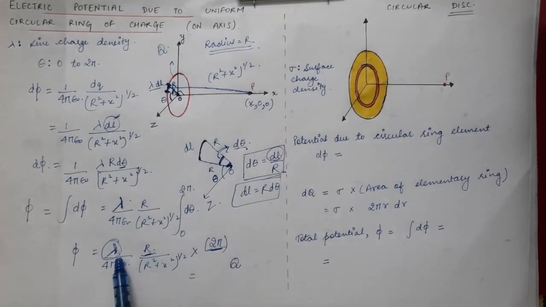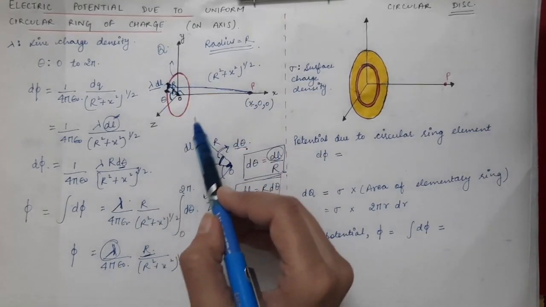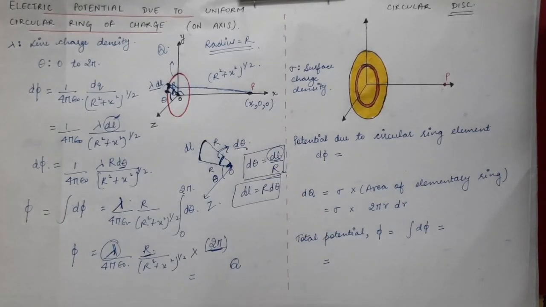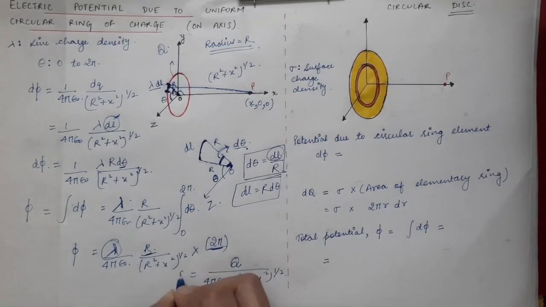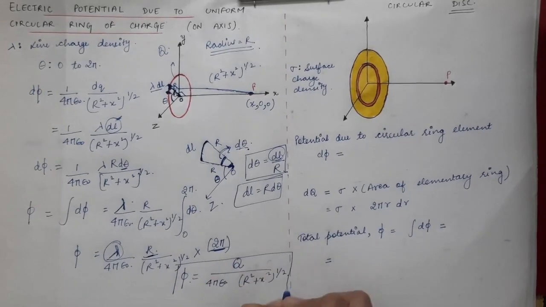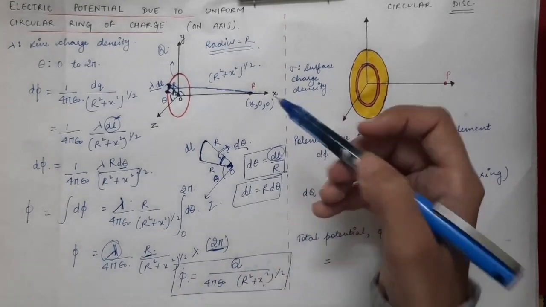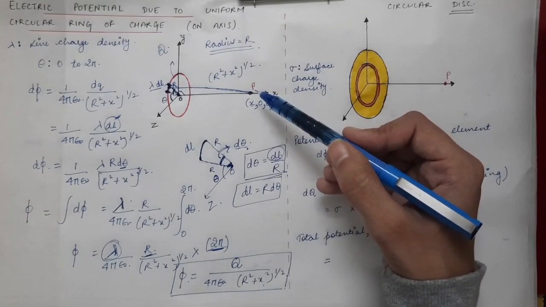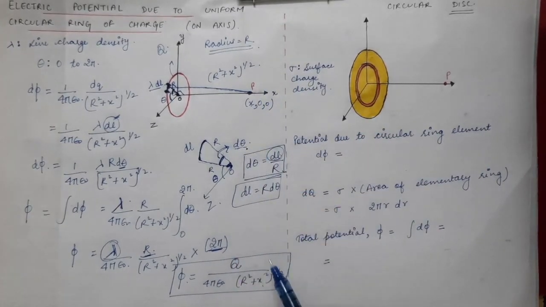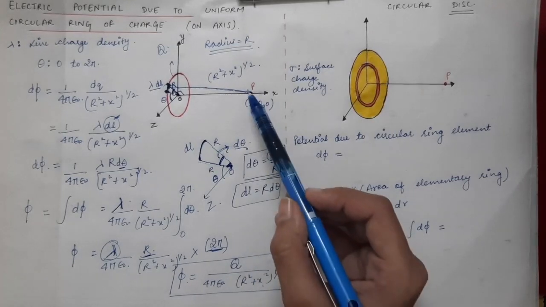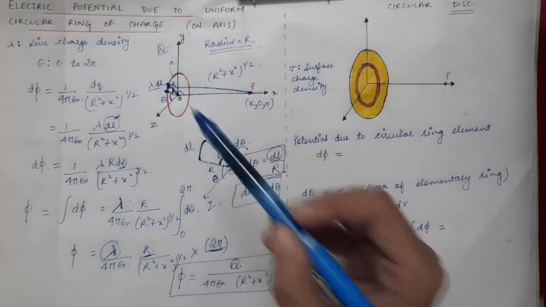So 2 pi r into lambda gives us the total charge on the circular ring, let's say that is capital Q, divided by 4 pi epsilon naught into r square plus x square power 1 by 2. So this is the final result of potential at point P, which is present on the axis of a circular ring at a distance of x. This is the final expression of the potential at point P due to this uniformly charged circular ring.